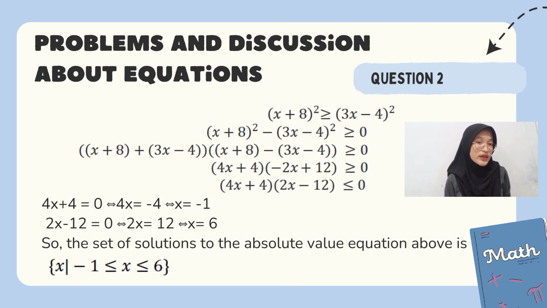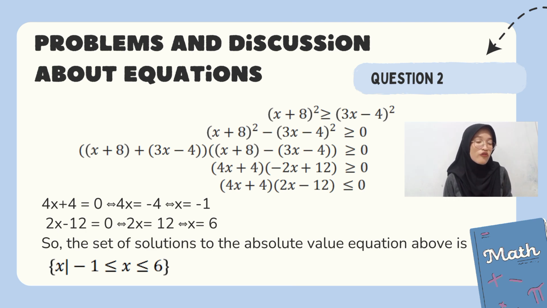So, we get x plus a plus 3x minus 4 multiplied by x plus a minus 3x minus 4. So, we get 4x plus 4 multiplied by minus 2x plus 12 greater than or equal to 0.